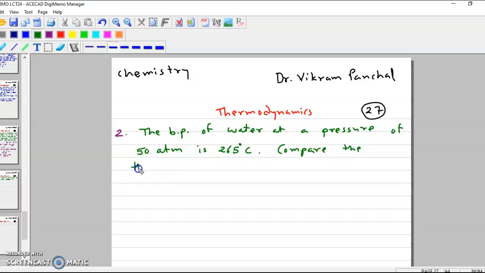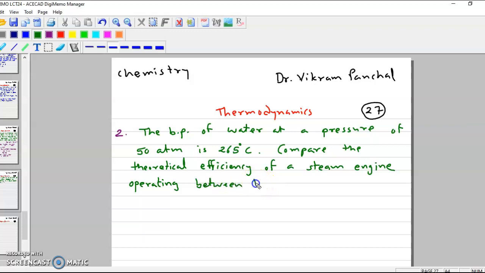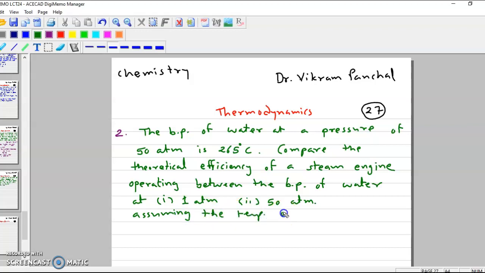Compare the theoretical efficiency of a steam engine operating between the boiling point of water at first 1 atmosphere, second 50 atmosphere, assuming the temperature of the sink to be 35 degrees Celsius in each case.